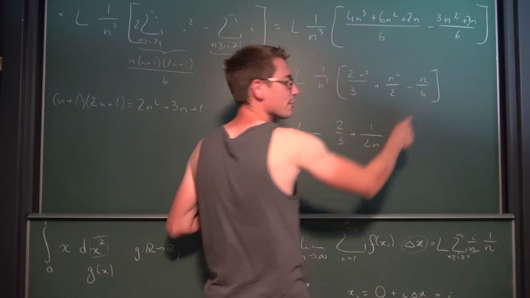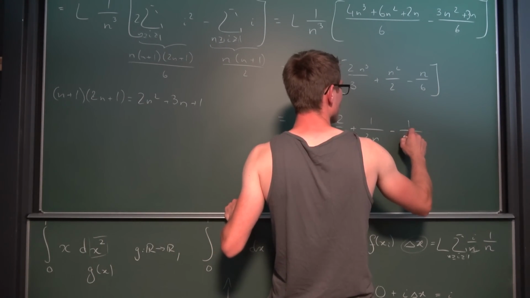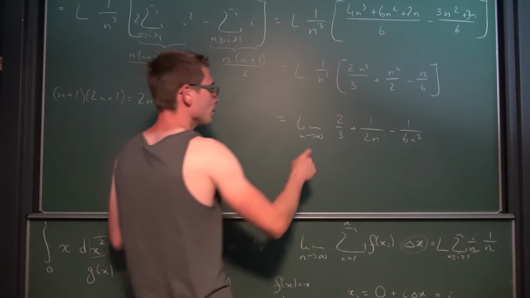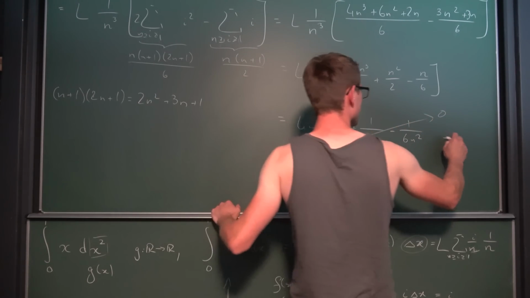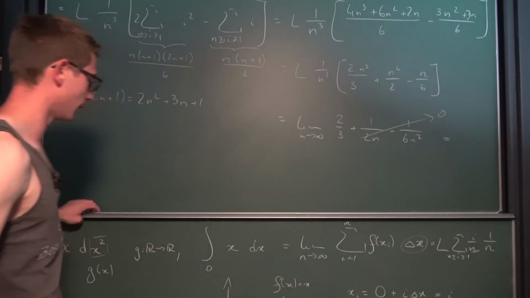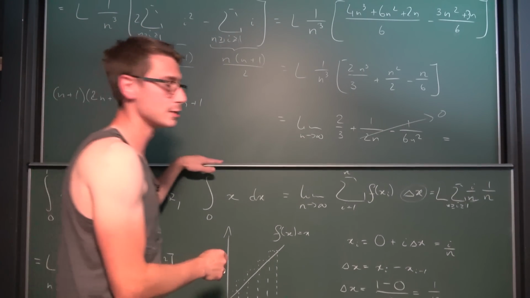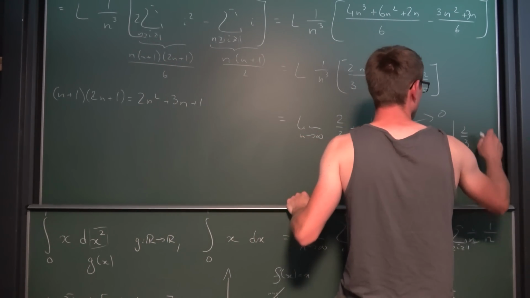And here we are going to have a factor of n squared in the denominator, so negative 1 over 6n squared. And I think everyone can see where this is going now. When n approaches infinity, those are going to vanish, giving us in the process that the value of our Riemann-Stieltjes integral from 0 to 1 of x integrated with respect to x squared is going to yield 2/3.